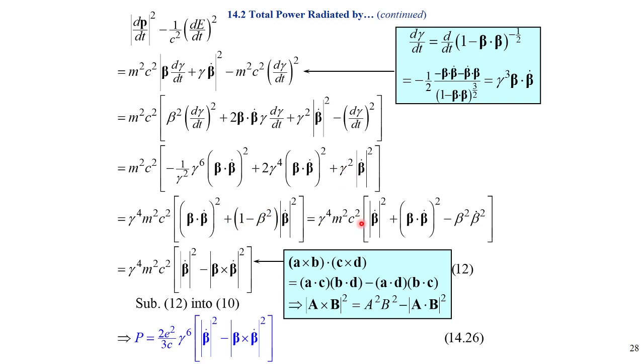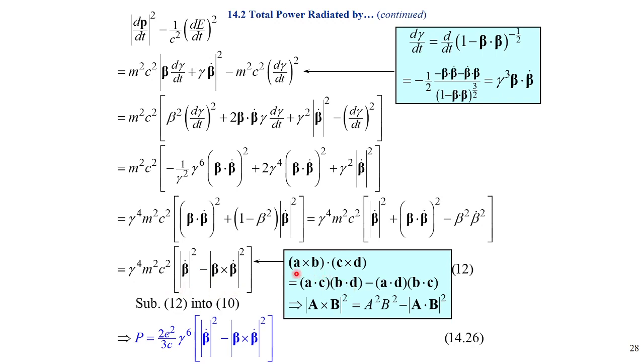So eventually we can rewrite the proportional constant here as beta squared beta dot squared minus beta dot squared. It's not finished yet. We can rewrite this one, beta squared, into this form. Really? Yes, we can do that.